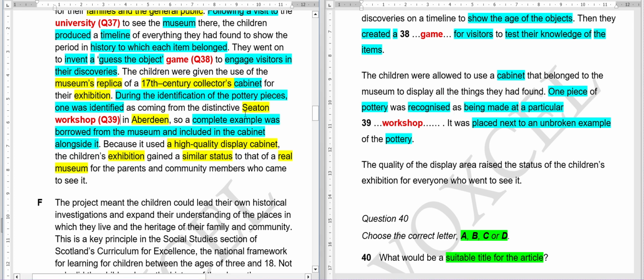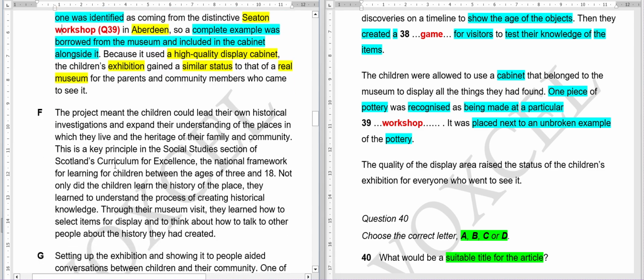So it was made in the Seaton workshop in Aberdeen. We cannot write "Seaton workshop" because there will be two words and our answer will be marked as incorrect. And if I only write Seaton, it will be like a city's name but not the exact location where it was made. But workshop signifies the exact place where this particular piece of pottery was made. I hope it is clear.